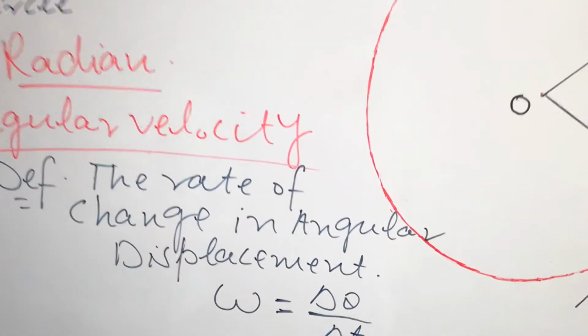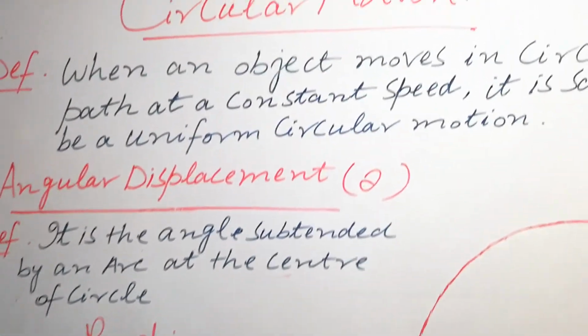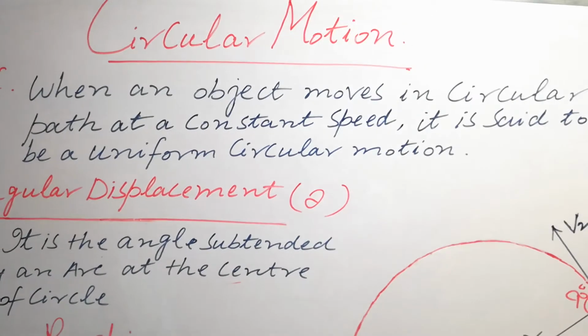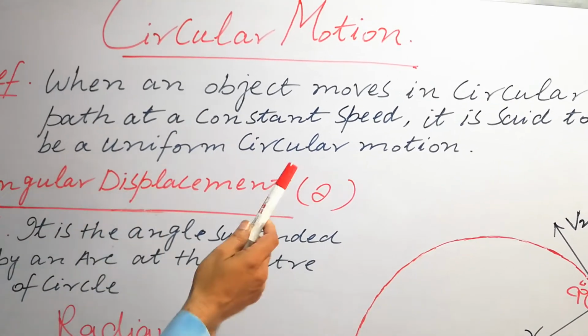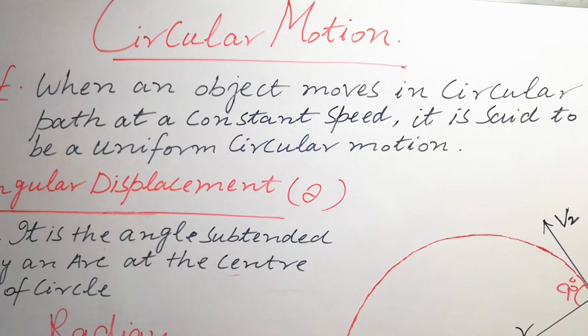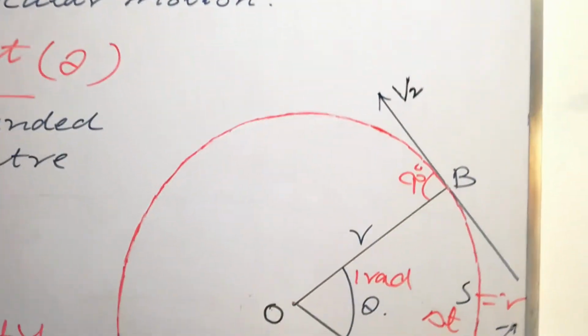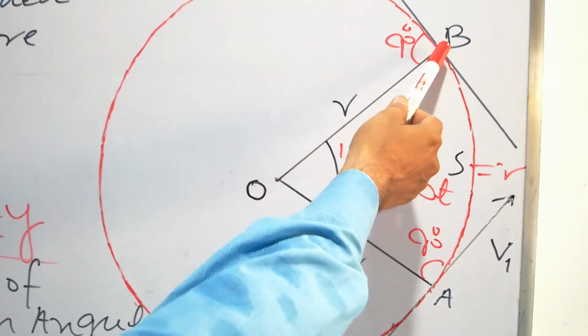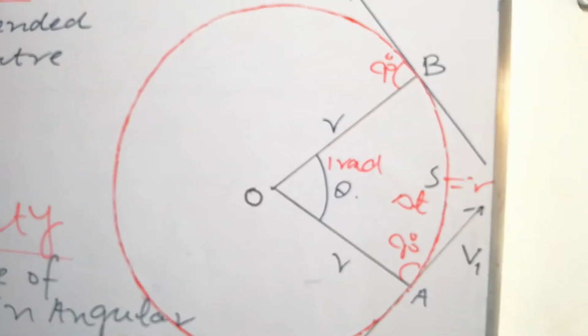Look again here, students, we are discussing circular motion. When an object moves in a circular path at a constant speed, it is said to be a uniform circular motion. Suppose the body is moving in a circular path. Initially it is at point A, then it goes to point B after time delta t.